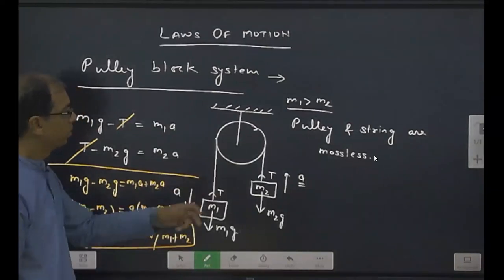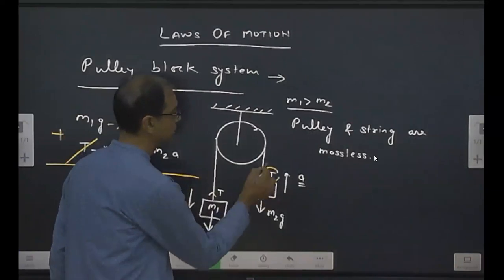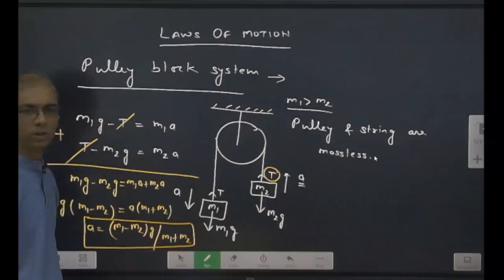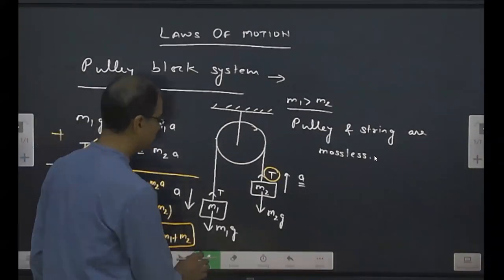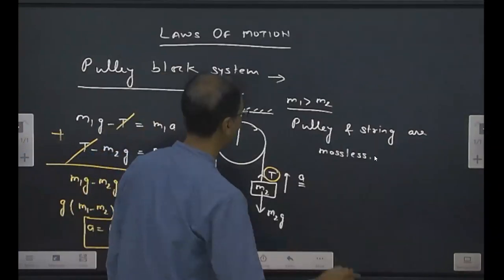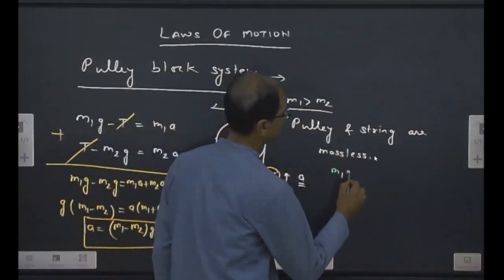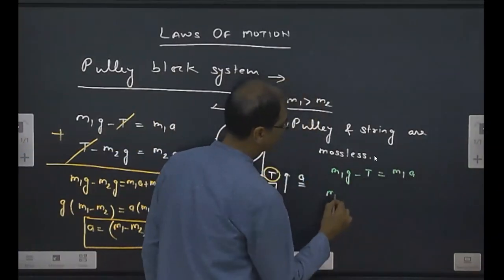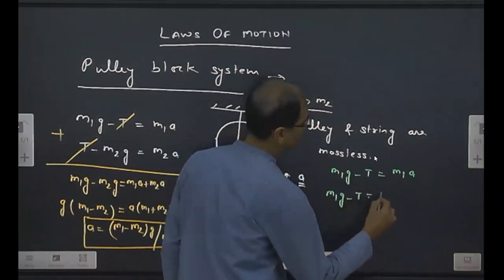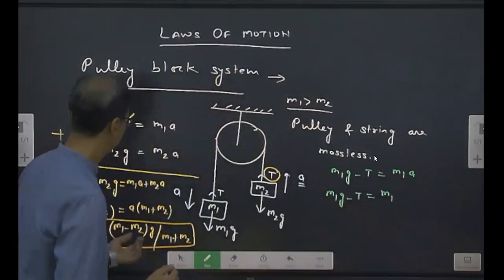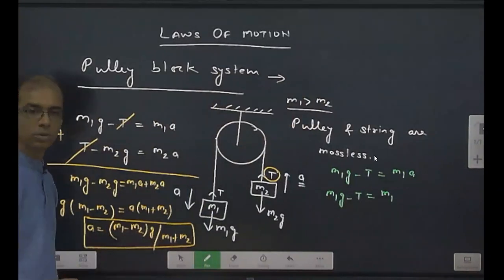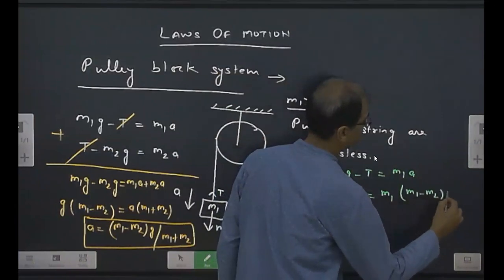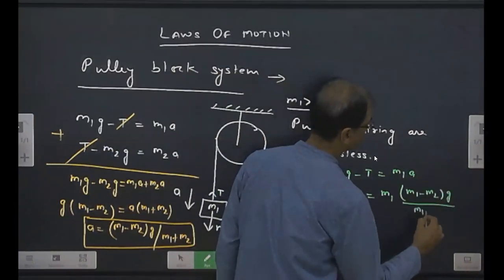Then what we have to find? We have to find tension. So this acceleration value, we are going to put in any of the equations. So let's do that. So we have m1g minus T equal to m1a. So m1g minus T equal to m1 into a. What is a? (m1 minus m2) into g by (m1 plus m2).